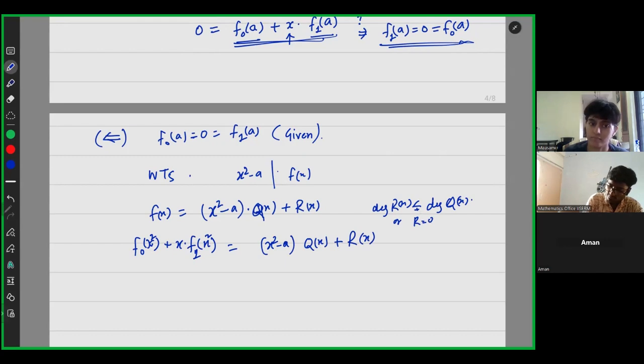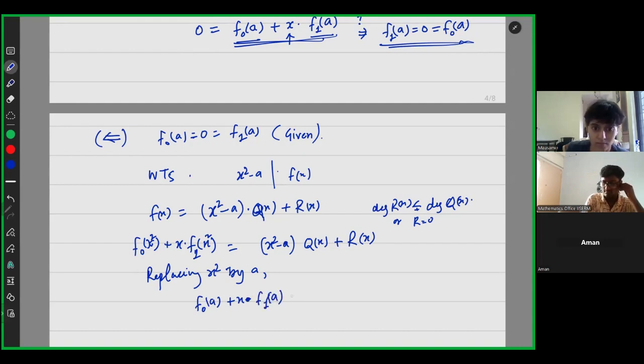So here, if you again replace x square by a, what we get is f0 of a plus x into f1 of a is equal to x square minus a into q(x) plus r(x).